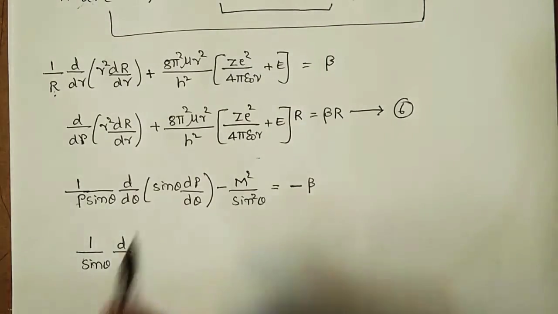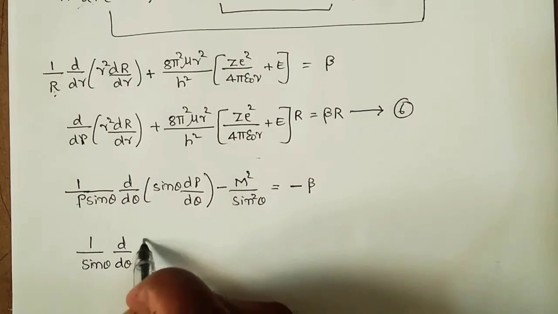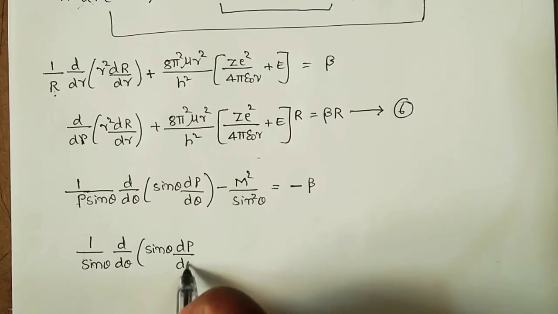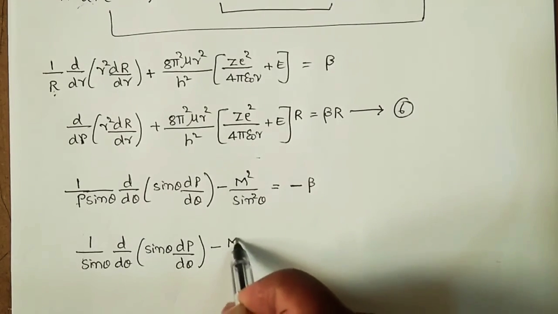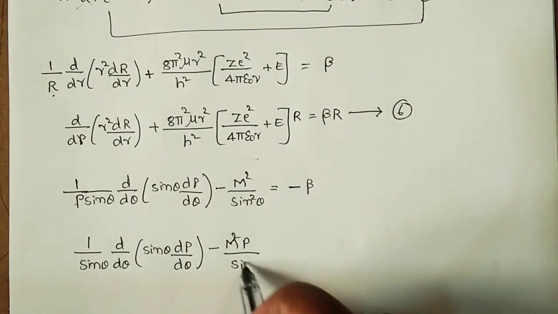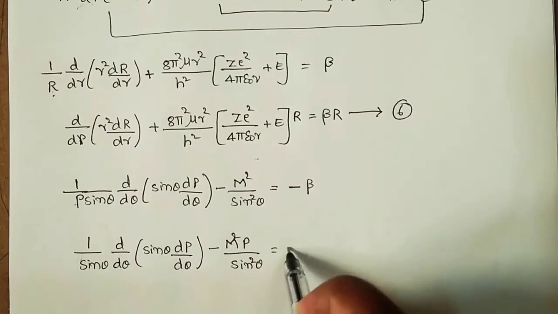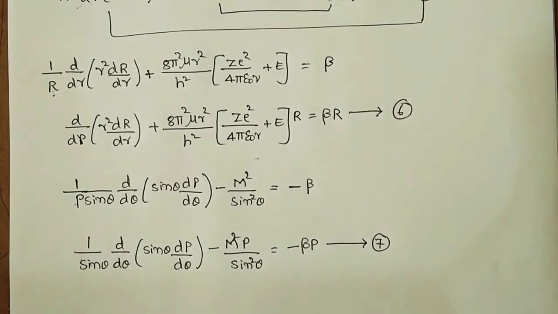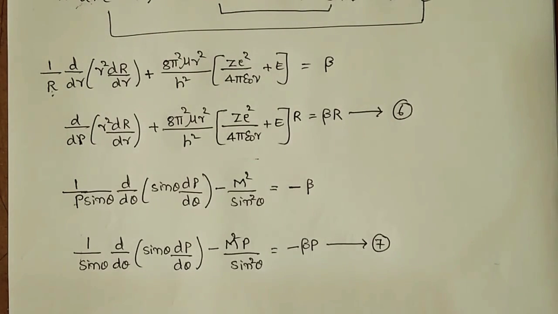So 1 by sine theta into d by d theta of sine theta dP by d theta minus, since we are multiplying with the term P, m square P by sine square theta, that's equals to minus beta P, and this will be equation number 7. So we got the 3 independent differential equations for r, P and F.